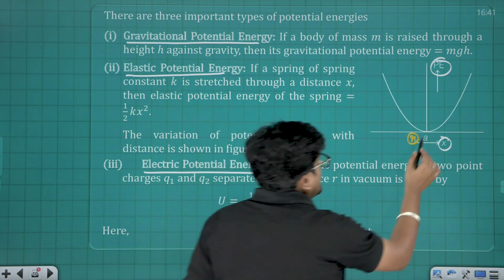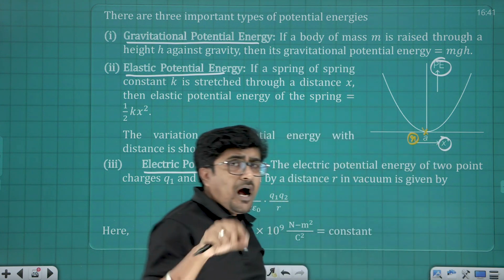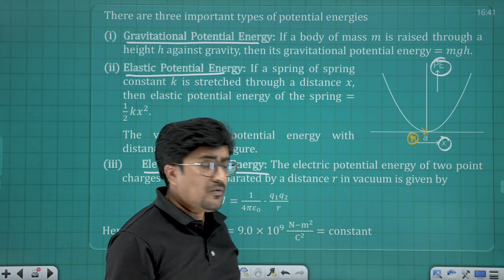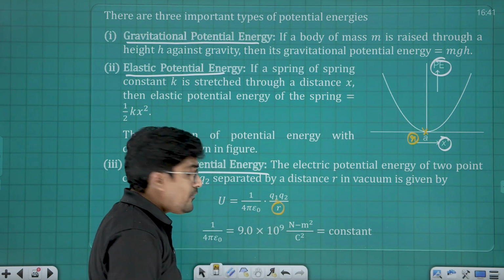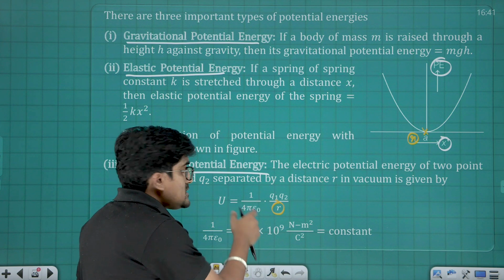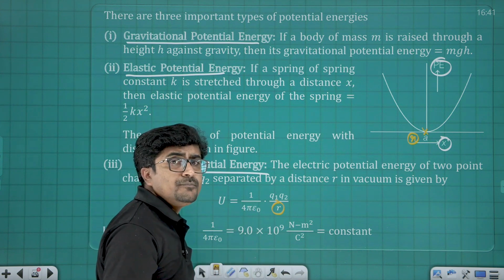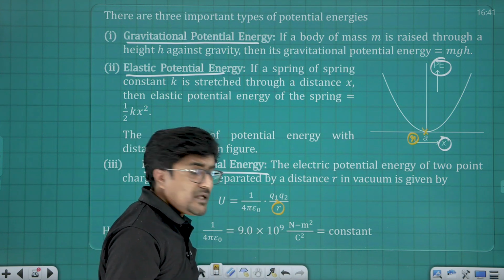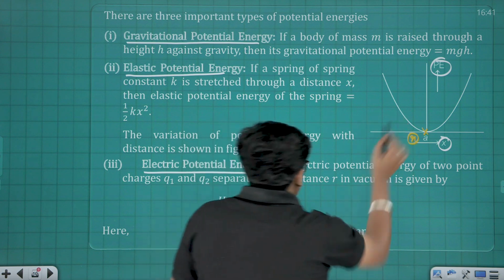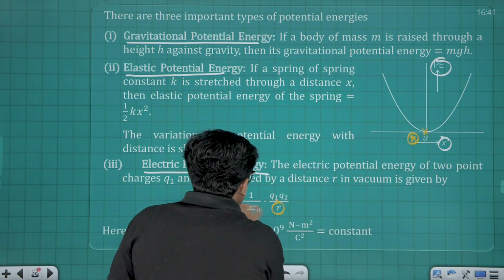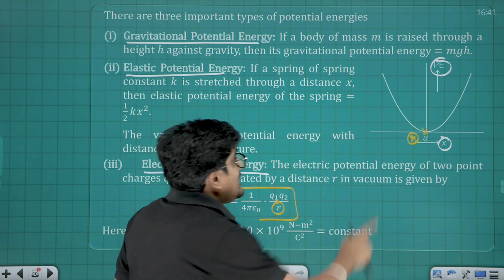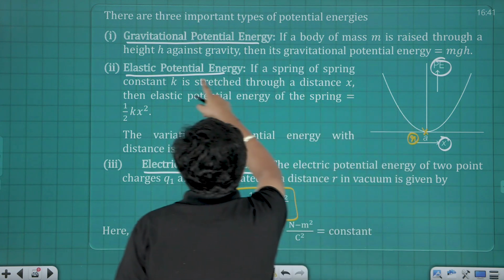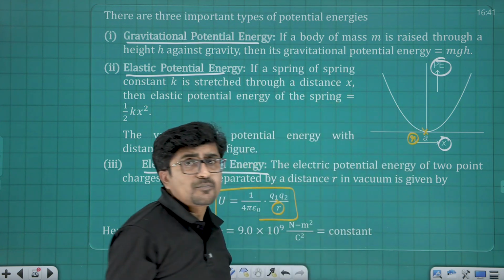When r is 0, what will happen? The electrostatic potential energy is going to be infinite. So we can never think that this relation is represented by this graph. This is going to tell you only about the potential energy of the spring.